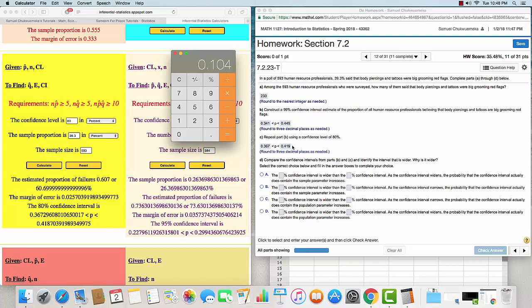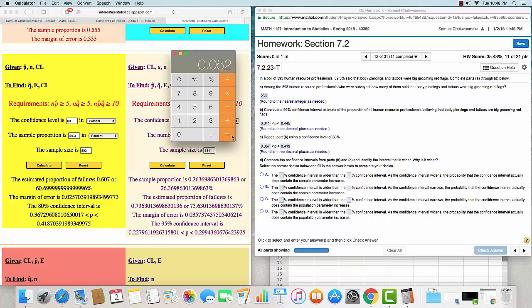0.104. Now, for the 80% confidence level, the width of the confidence interval would be 0.419 minus 0.367.